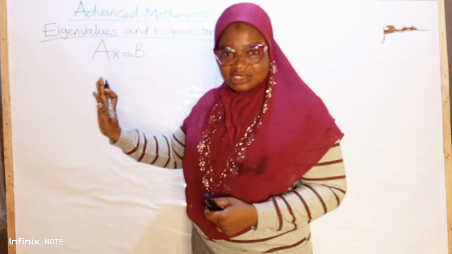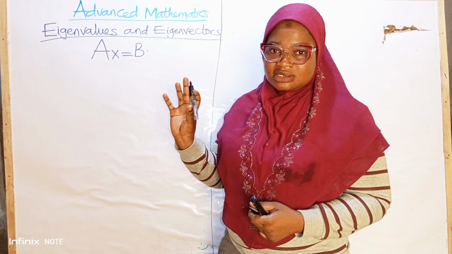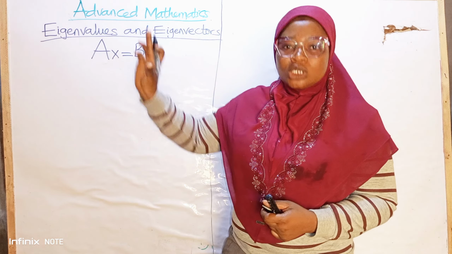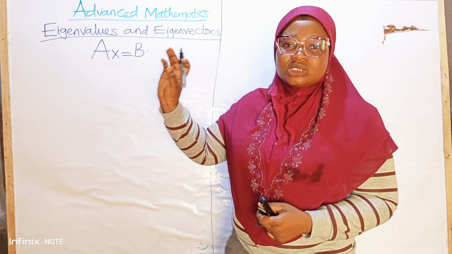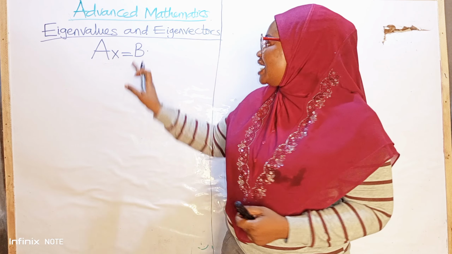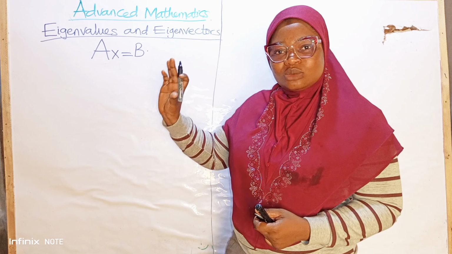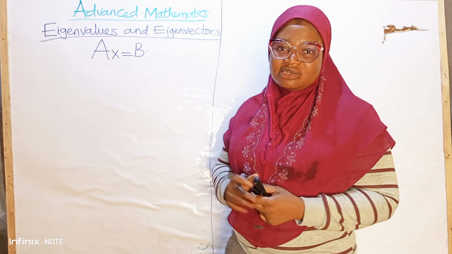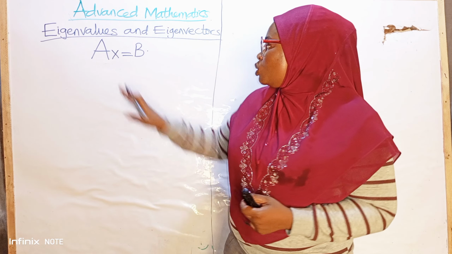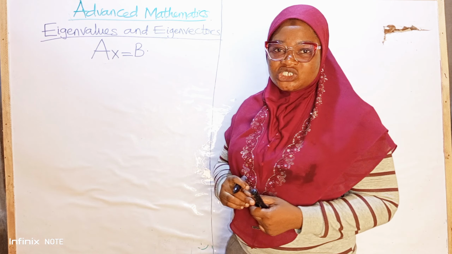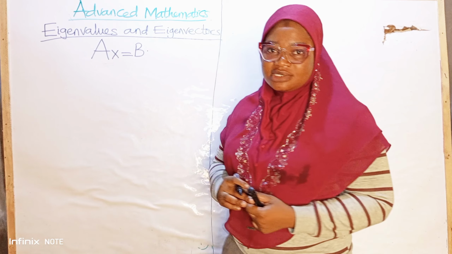The main matrix is a square matrix, and its special vector is a column vector, or a column matrix. And at the end of the day, after multiplying it, you are still going to get a column matrix. So that is why this vector is special to this square matrix.